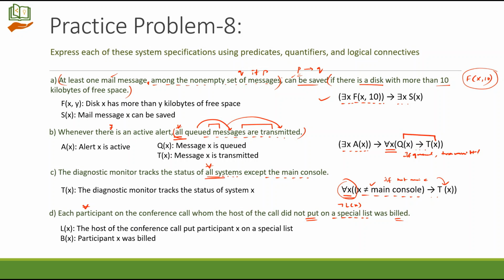Participant X was billed will be B of X. Now how will you express this? When they are not put into the special list, they are billed. So this is like if P then Q. If you are not put in the list, you are billed. So not put in the list can be taken as the hypothesis, and you are billed can be taken as the conclusion. Which participant are they talking about? They are talking about each and every participant. So we are using the universal quantifier here.